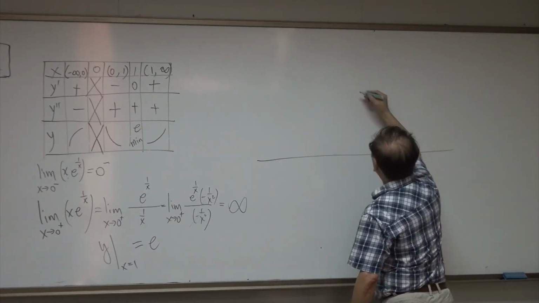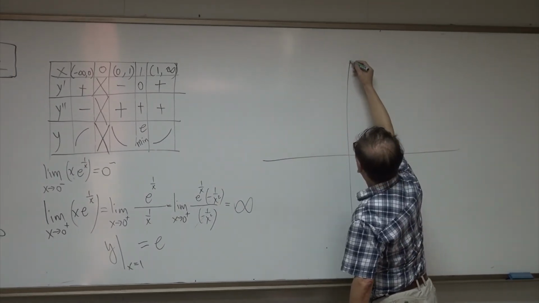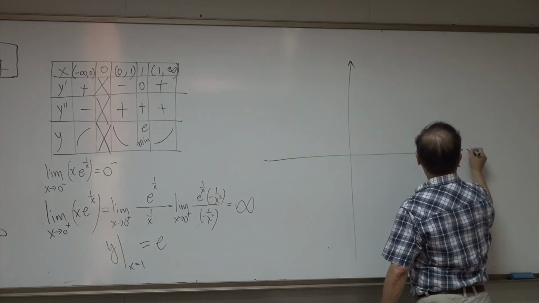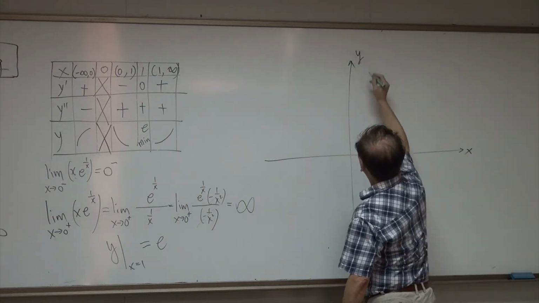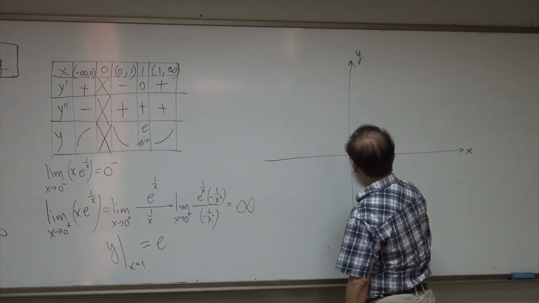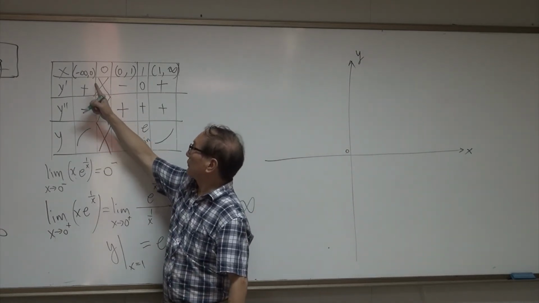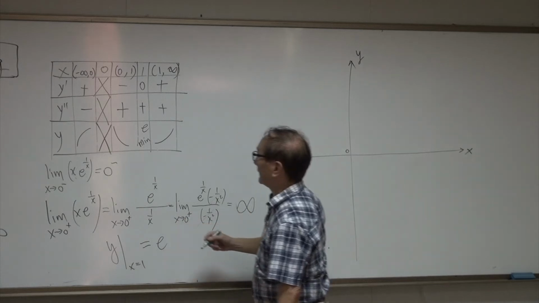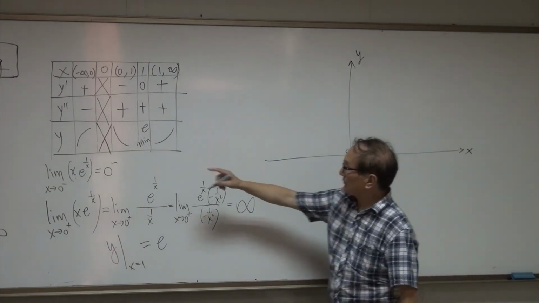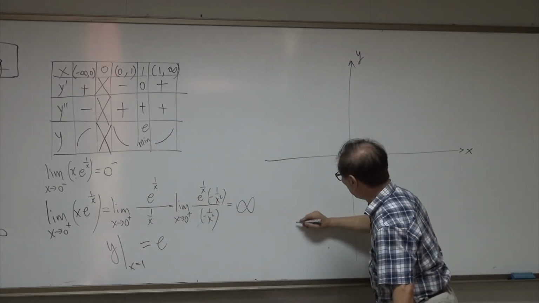And then we join these pieces of information together, and we can sketch the function nicely. This is the way to sketch the function. This is y, this is 0. And as x approaches 0 from negative infinity, it goes in this shape, right? It goes in this shape.